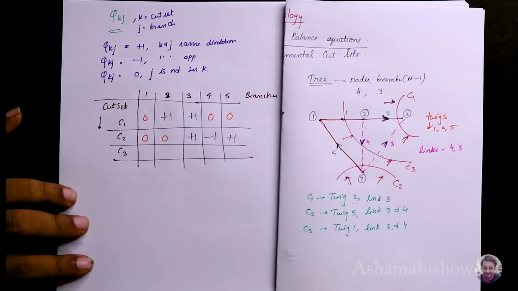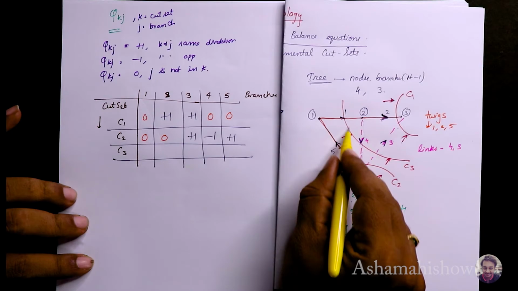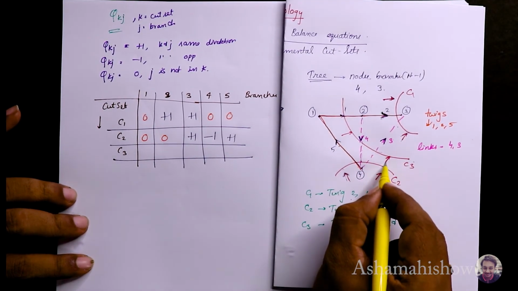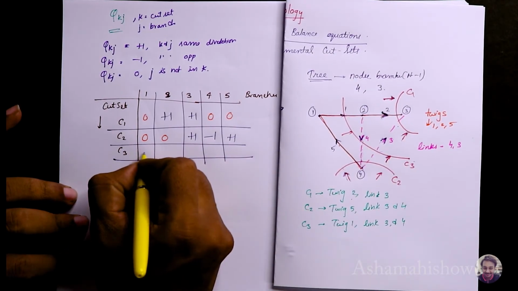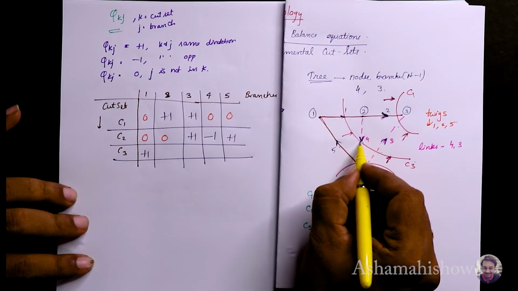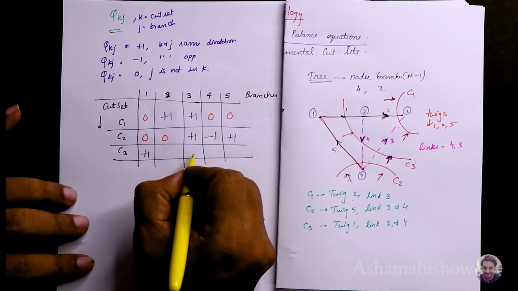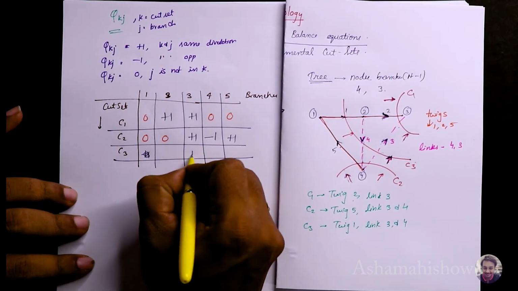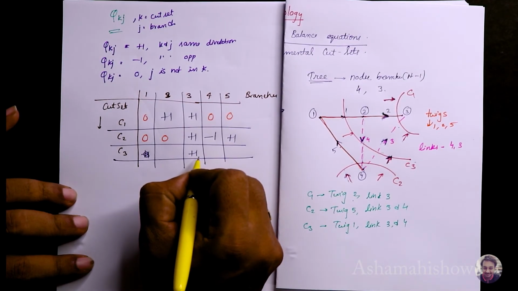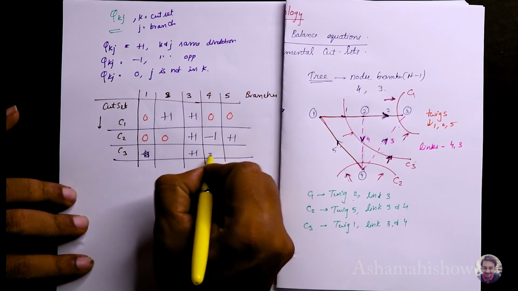Now for C3, the middle one. Branch 3 is linked, both in the same direction going outward, so it is plus 1. C3 is linked with branch 4 also, but in the opposite direction: branch 3 is going outward, branch 4 is coming inward. So for branch 4 it is minus 1.